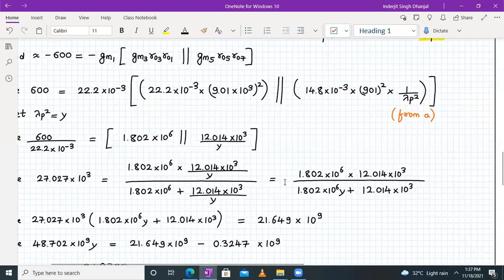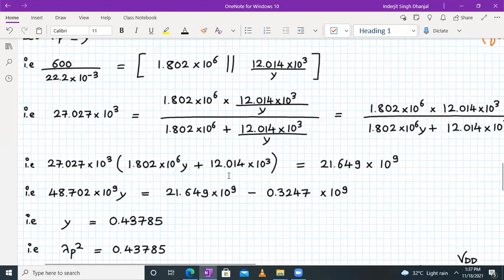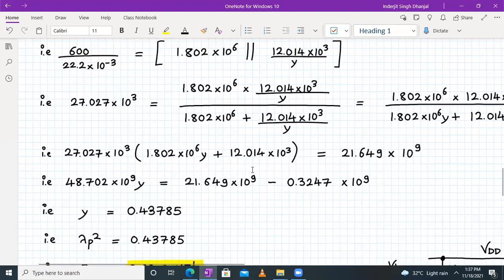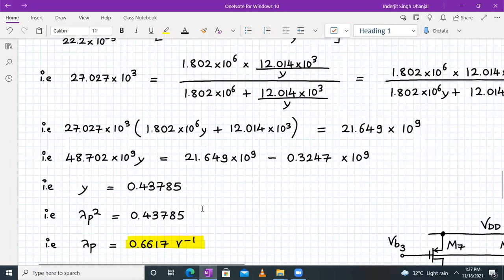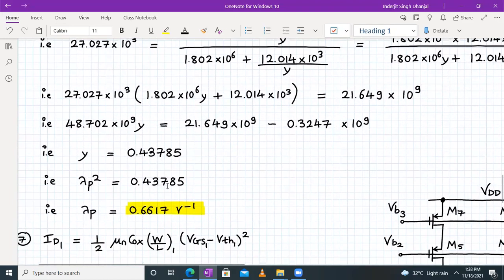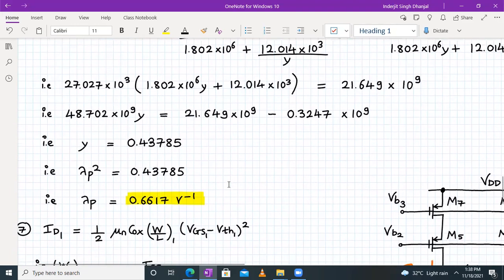So finally we cross multiply and do some algebraic steps, and we get the value of y, which is 0.43785. Now y is actually lambda p square. So lambda p square is 0.43785, so lambda p will be 0.6617 per volt. So we got the value of lambda p.